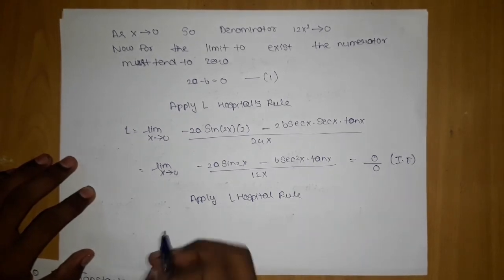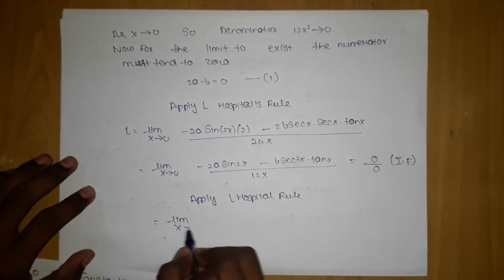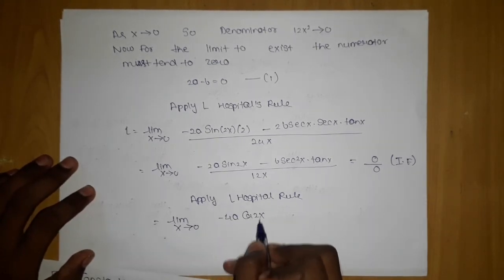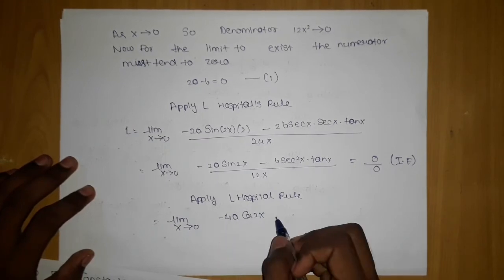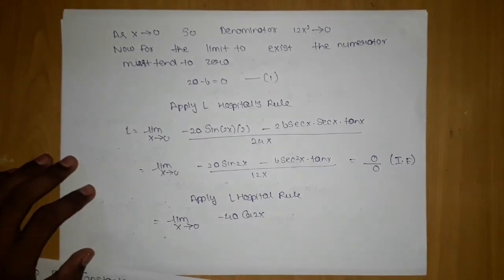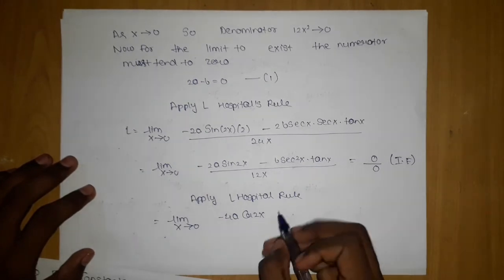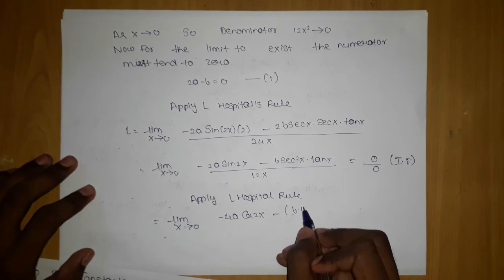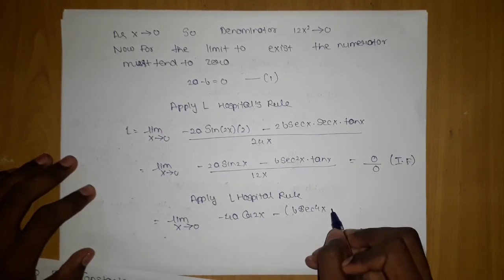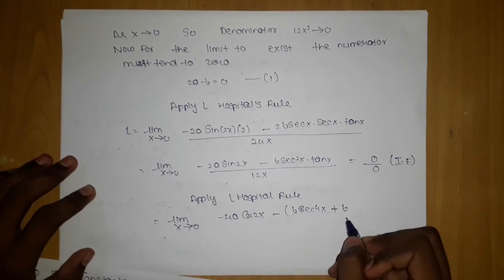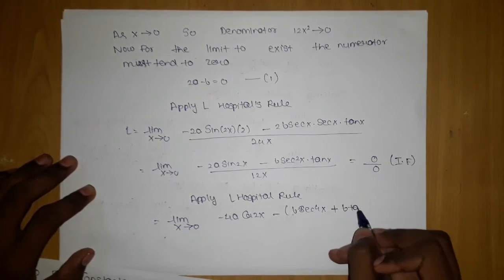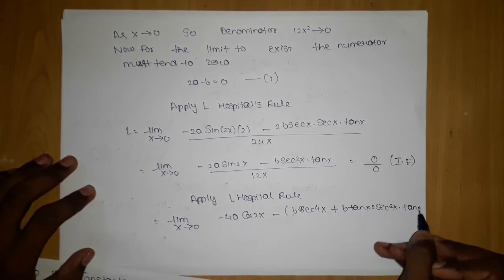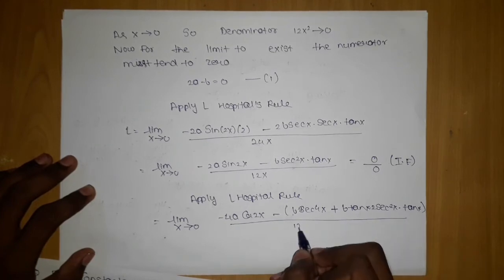What do we get? Limit x tends to 0, 4a cos 2x into 2, which will become this thing. After this, here we will apply the chain rule, which will give me b sec 4x plus b tan x, 2 sec x dot tan x, the whole by 24.